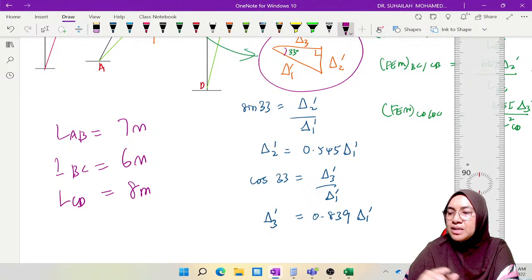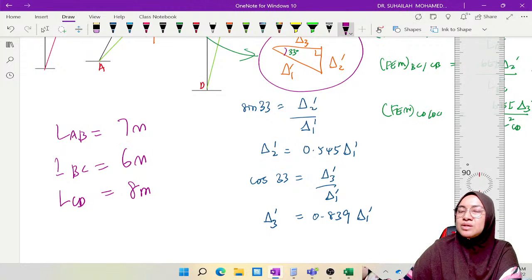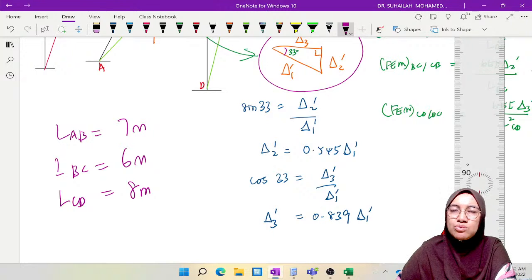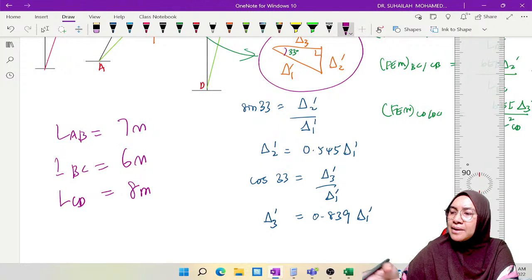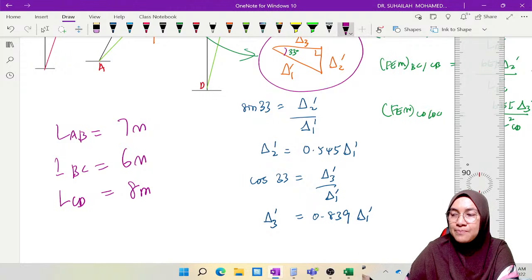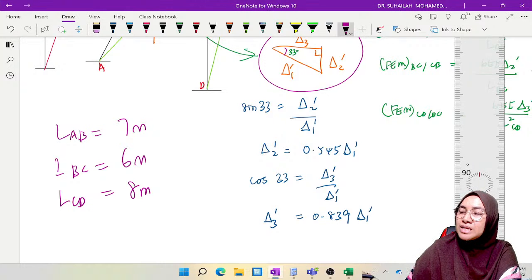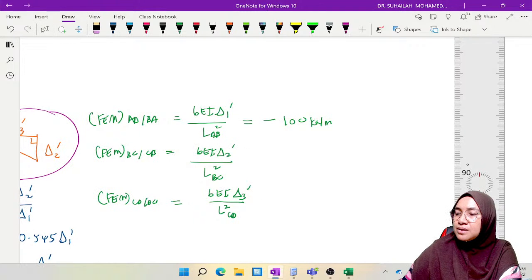The angle, let's say, is about 33, the one that we have just assumed. This is not the right one, the value is just an assumption. Of course, the length of each element will contribute to the angle. This is not tally, this is just an example. So once we have the angle, then we can determine the relationship. And now how to actually analyze this is like this.